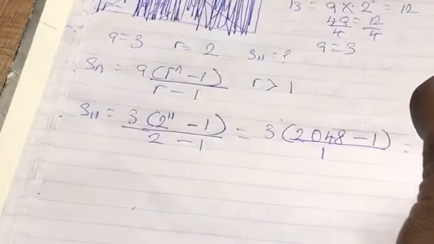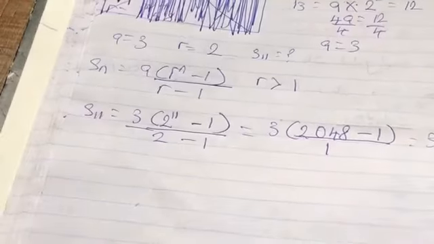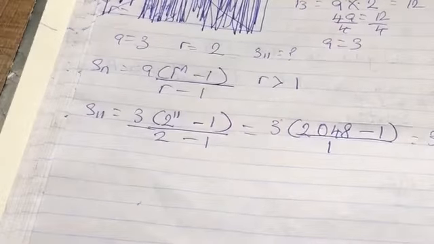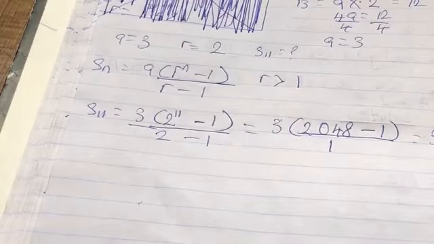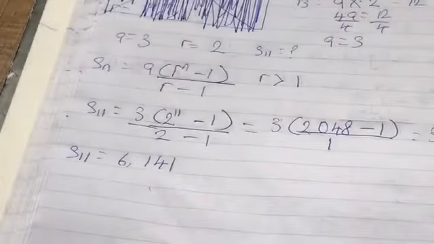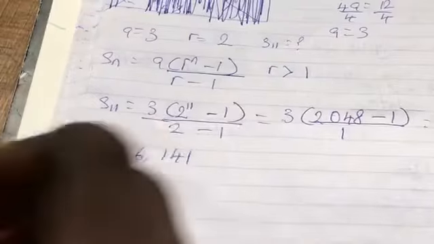Therefore, 3 times open bracket 2047 close bracket. 2047 times 3 will give us our sum of the 11th term, which is 6141. That's our answer.